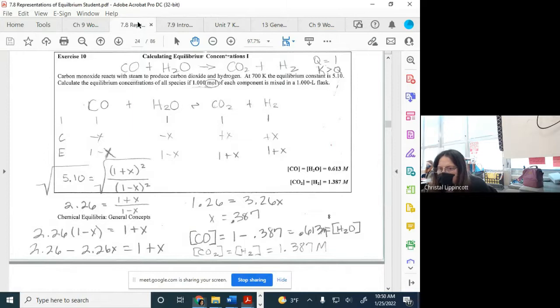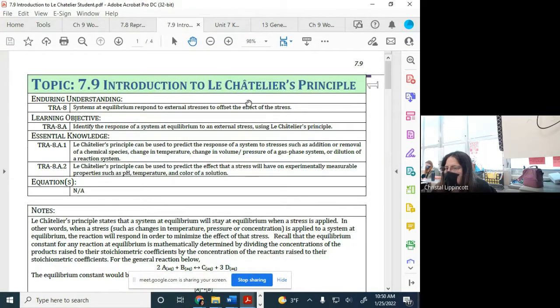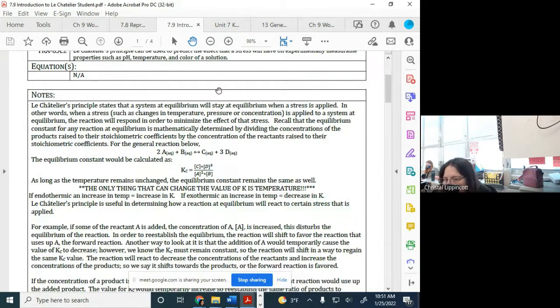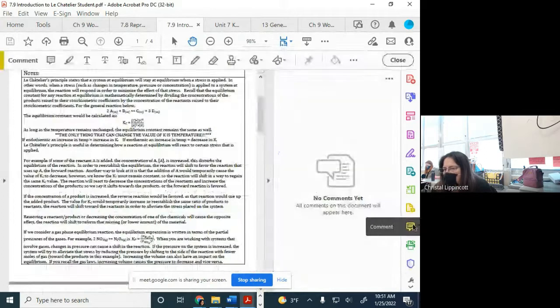I'm going to come back to 7-8 after 7-9 and talk about that. So we need to talk about some stuff in 7-9 to get you to 7-8. So this is Le Chatelier's principle. Sometimes we call it Le Chat. He said that a system is going to act at equilibrium until a stress is applied.